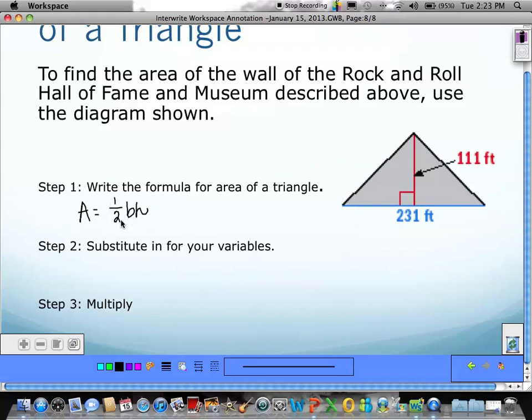Now, if you don't want to deal with the fraction, you can also write this as area equals 0.5 base times height, because that's still half, and sometimes it's easier to work with decimals than it is to work with a fraction. All right, so now we're going to substitute in for our variables. Area equals 0.5, which is half, times the base, which is 231, times the height, which is 111.